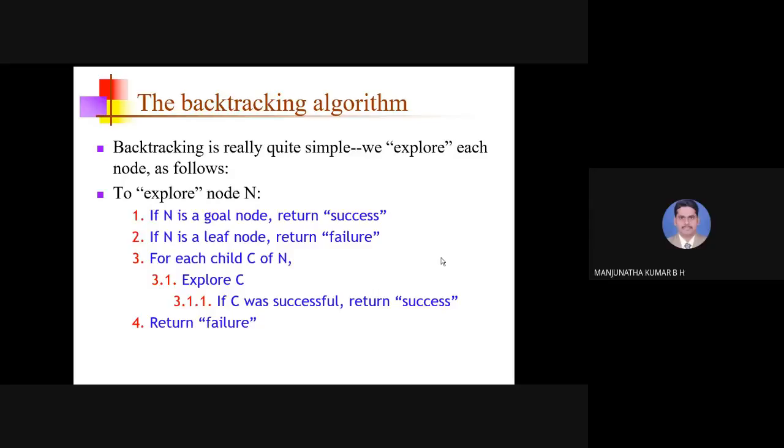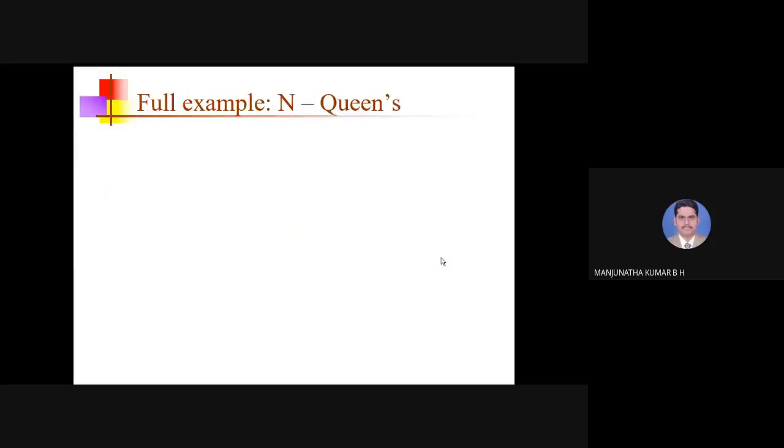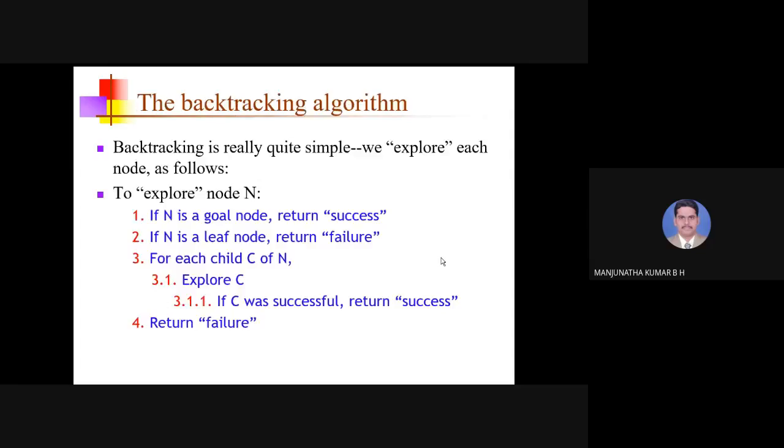Step 3 is a for loop because we have to search all the children c of n. Once you exit from the loop, return failure. This is the general plan or general algorithm of backtracking.